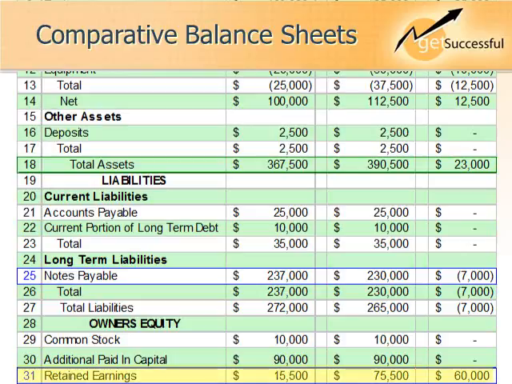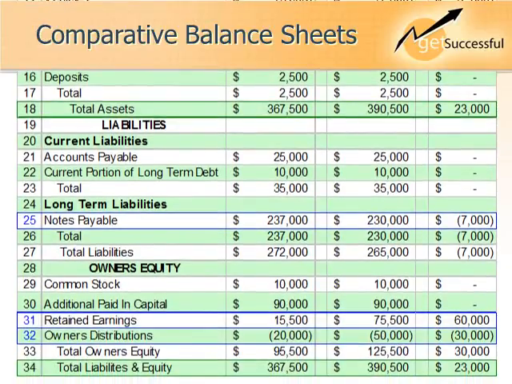Line 31, an increase in retained earnings. And on line 32, we see an increase in owner distributions. Notice that the amount on line 18 equals the amount on line 34. You might be asking, if we're profitable, where is the money?